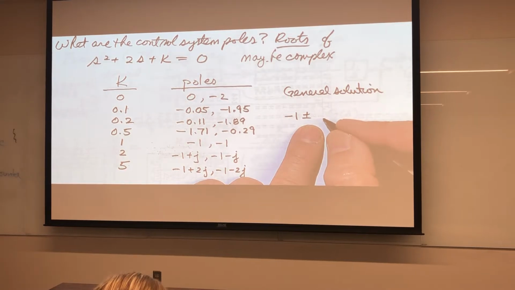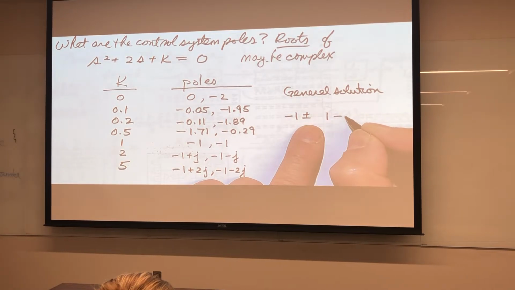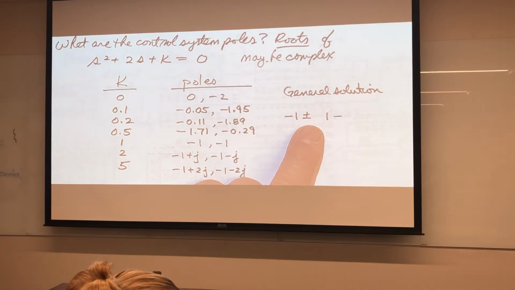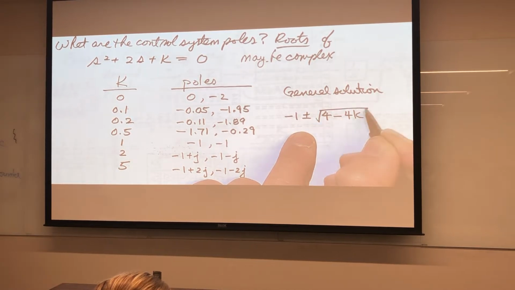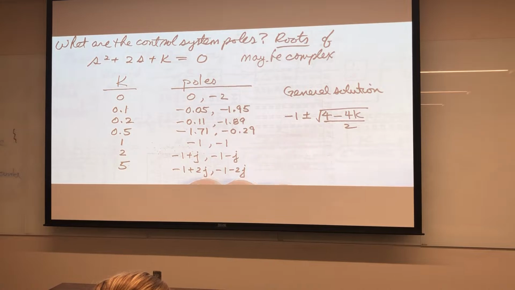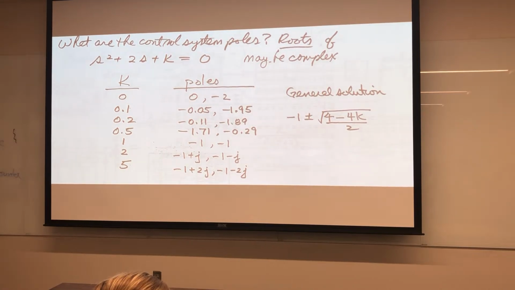Yeah. Oh, what is it? Root 1 minus k. The new quadratic formula. That'd be pretty great. Negative 1 plus or minus square root of b squared minus 1. Did I do that right?